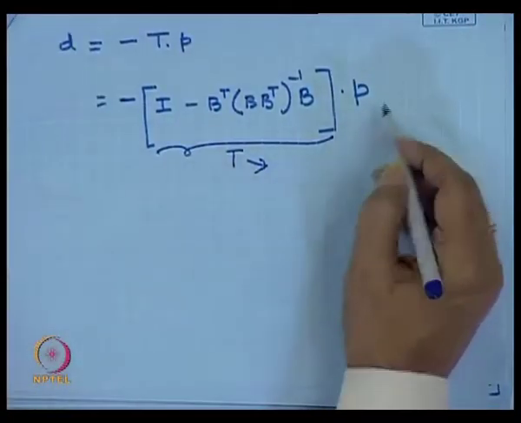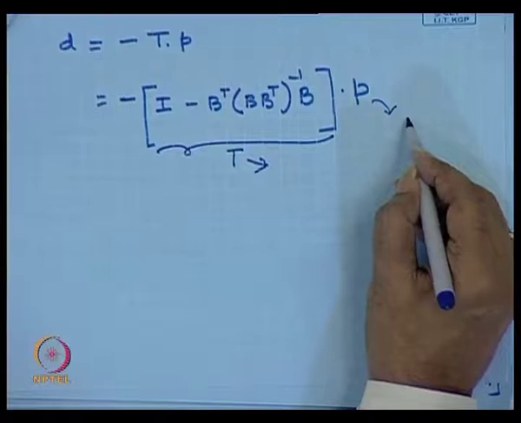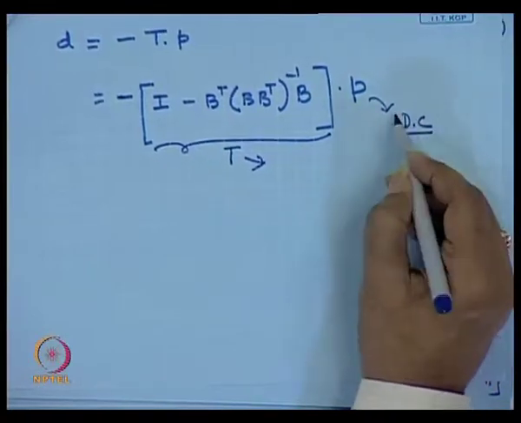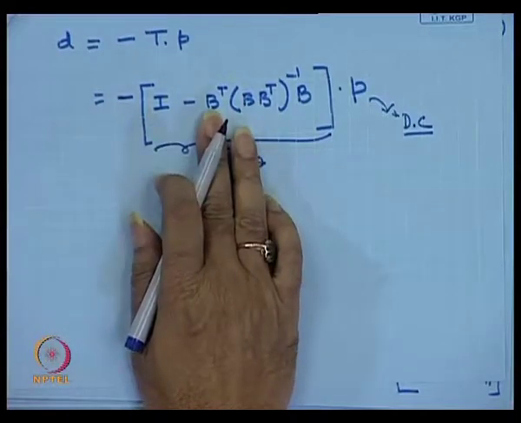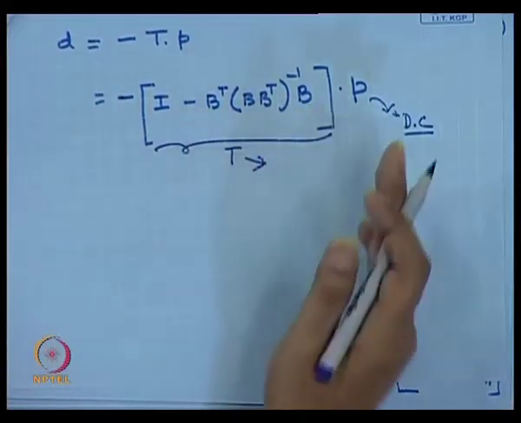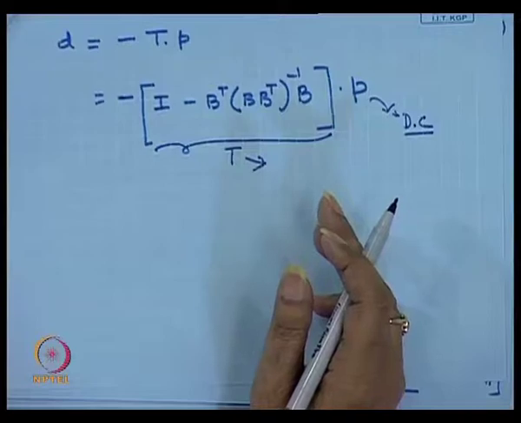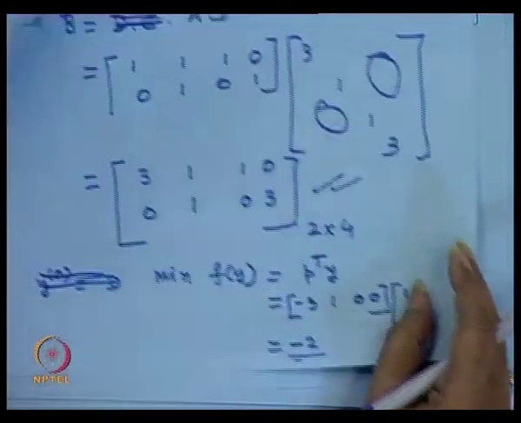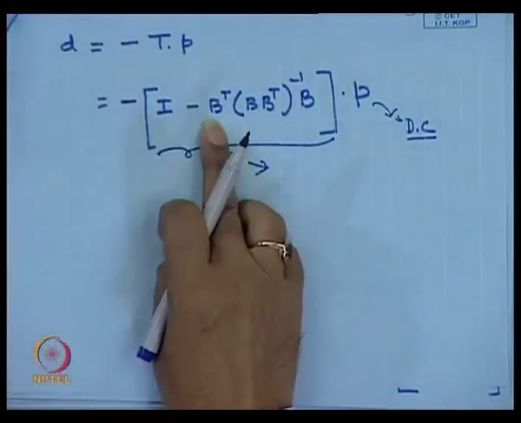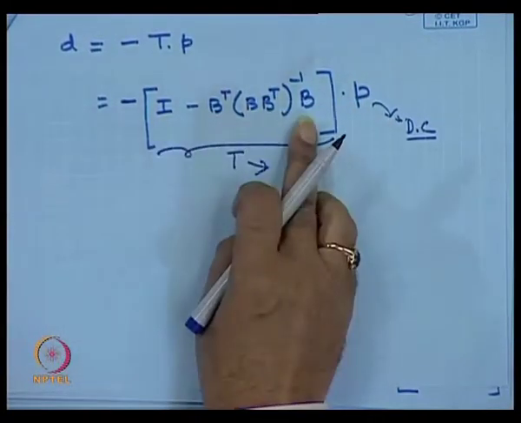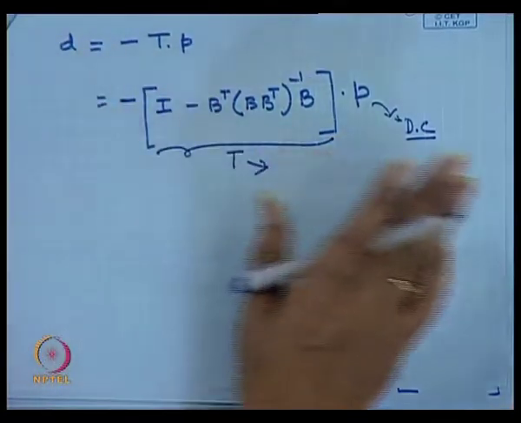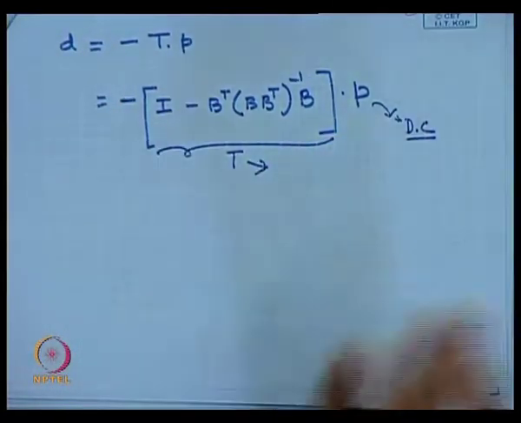So, I can calculate P as D into C. Once we know the B matrix, B is A into D, that you have just told. B is equal to A into D. I know B, I know P, and I know this is an identity matrix with proper dimension. I can compute the direction in which I have to move.